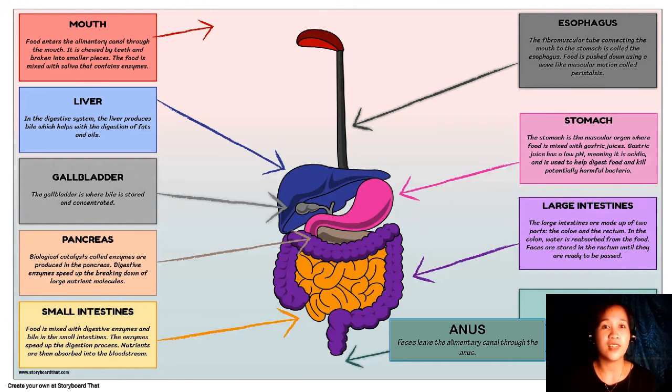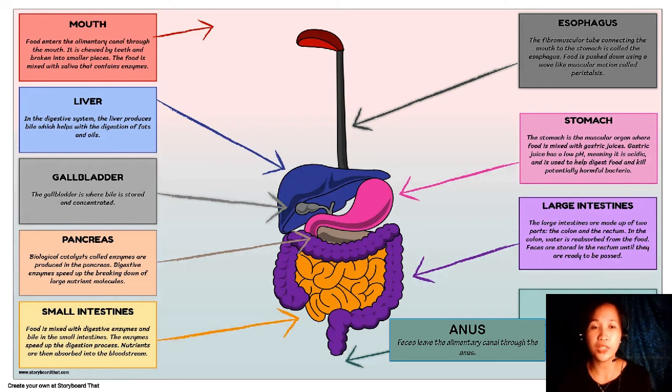So the food will enter into the mouth first, and it is what you call ingestion. And this one, we have the liver, which is in the digestive system. The liver produces the bile, which helps with the digestion of fats and oils.